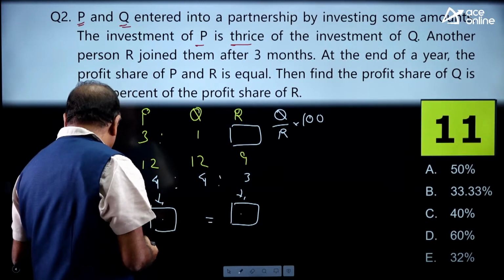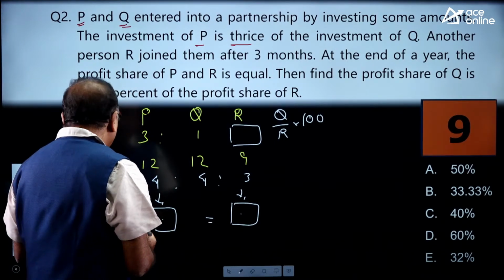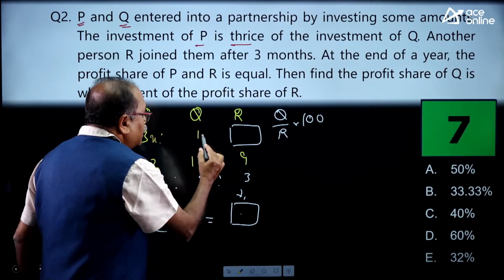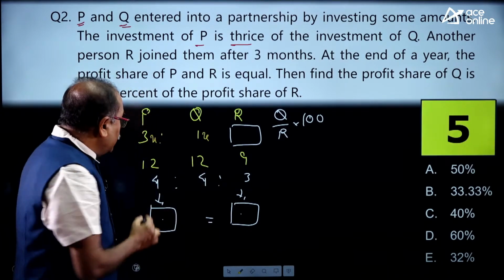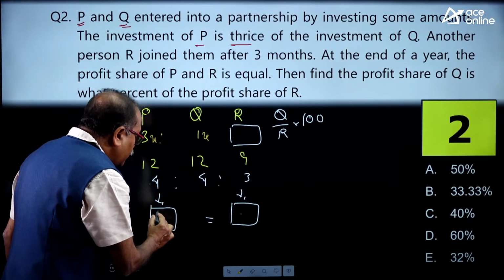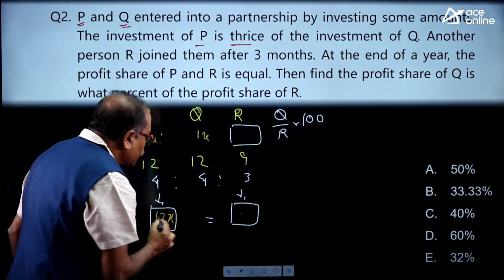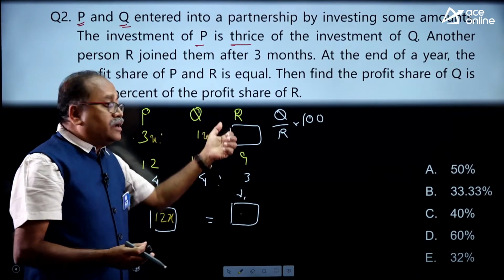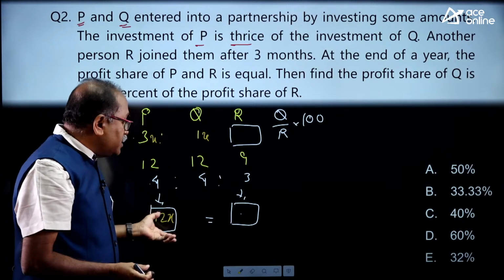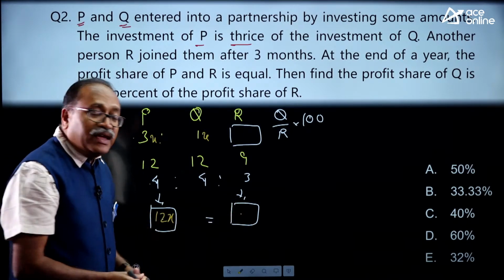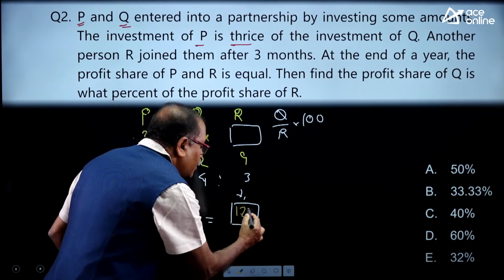If I consider this as 3x, this as x, then 3 into 4, that comes to 12x. And when the profit of P and R will be equal, if it is 12x, this should also be 12x. I am giving the value of Q to you.